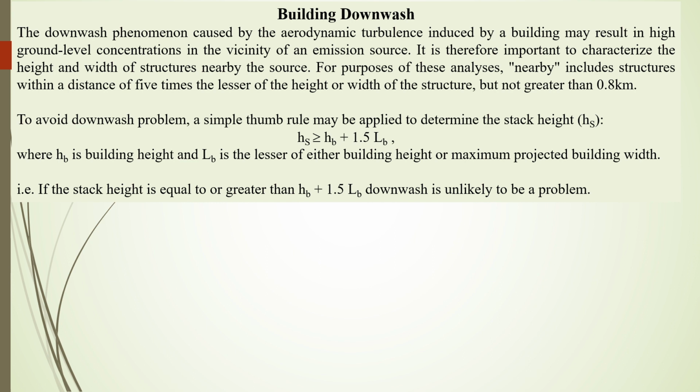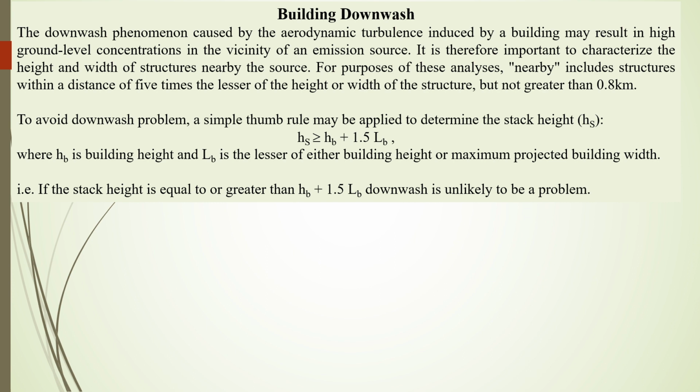So nearby means this. And to avoid downwash problem, a simple thumb rule may be applied to determine the stack height. So if stack height is greater than or equal to the building height plus 1.5 times the lesser of either building height or maximum projected building width.